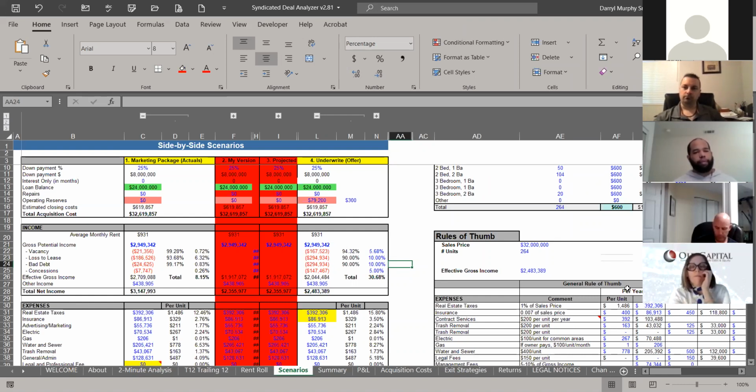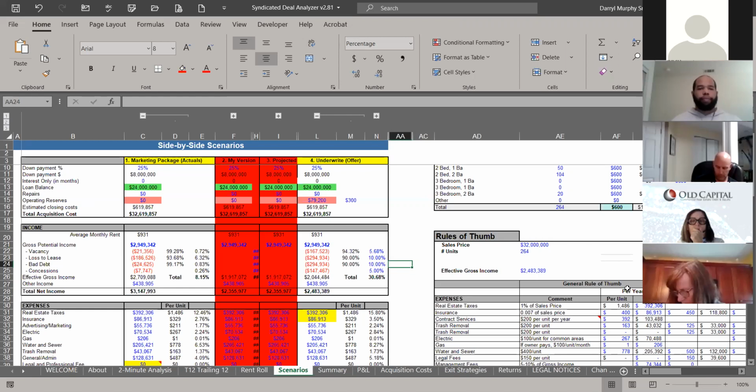However, if the market says 10, then that number is to be a 10, regardless of what the rent roll says. You may happen to have a good unit that has a 5%, but if the neighborhood where this property is running a 10% vacancy, then the lender is going to look at the market.